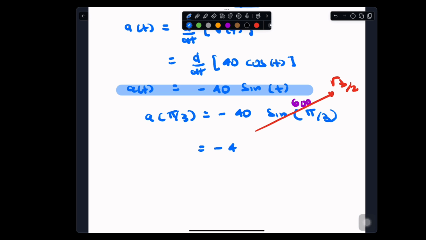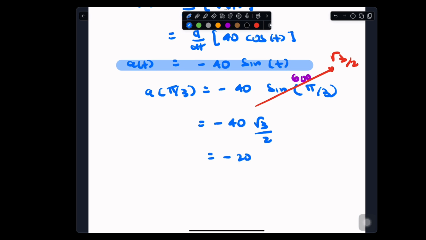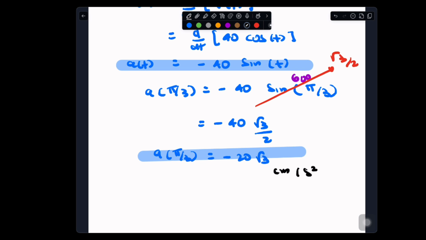So that one picture went with all three of these answers. Ladies and gentlemen, this is the acceleration. Units of acceleration, though, are going to be in what? Centimeters per second squared.